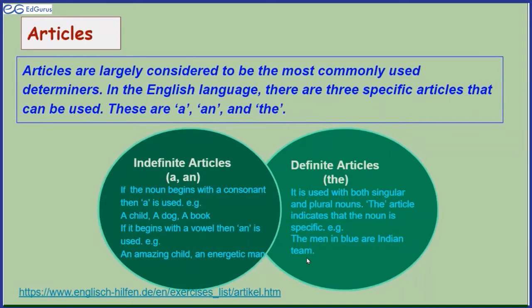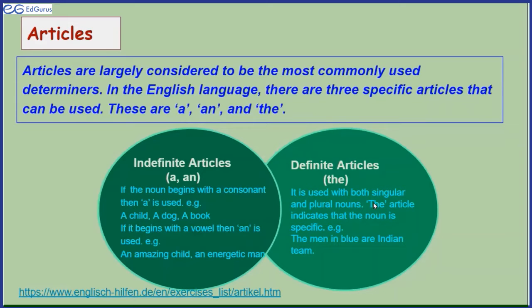Similarly, an energetic man, an amazing child. What is definite about it? There is nothing definite about it. So this is an indefinite article. Only the definiteness about the number is there. An amazing child means a singular noun, a singular child. Clear? And the is the definite article.